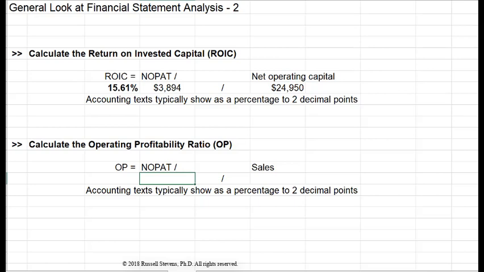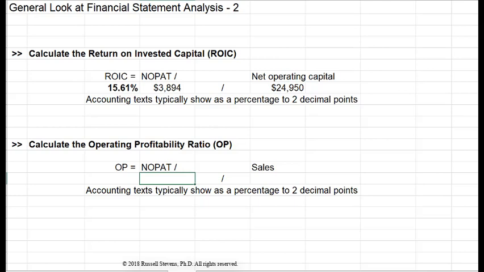The next metric is the Operating Profitability Ratio, OP. This again uses the NOPAT of $3,894,000 with the trailing three zeros dropped. The other number necessary to calculate this ratio is sales from the current FYA income statement. That number is $68,619,000.